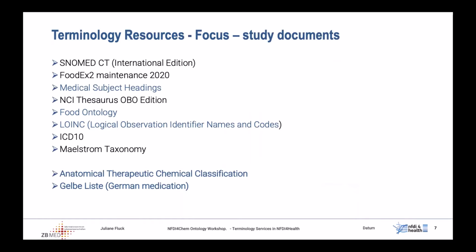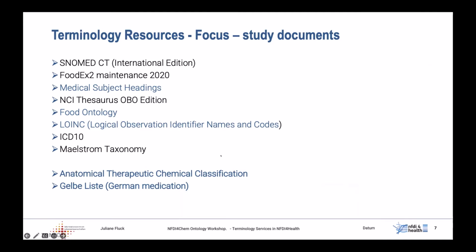The main focus looking at studies and study documents is medical terminologies, and I have marked in blue those which also partly contain chemical entities. We use the Medical Subject Headings and the food ontology. LOINC also contains chemical entities in the laboratory area. They all do not link to chemical ontologies.